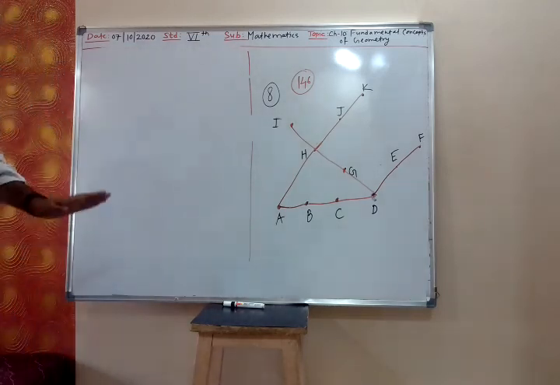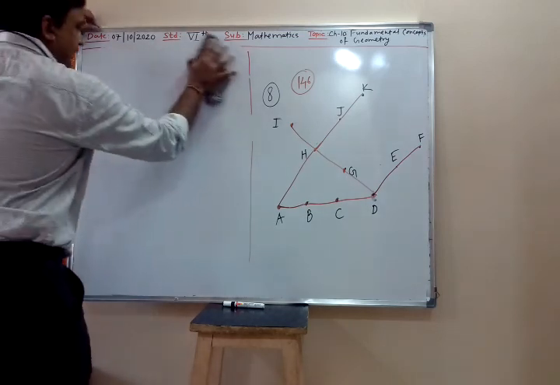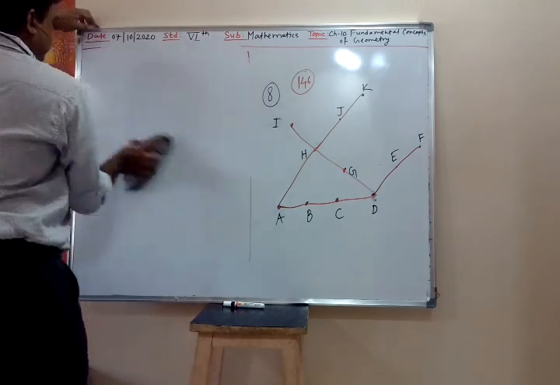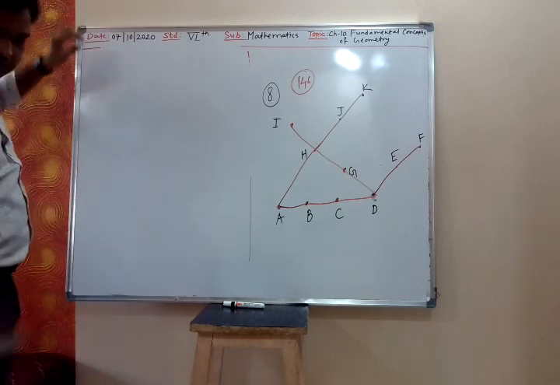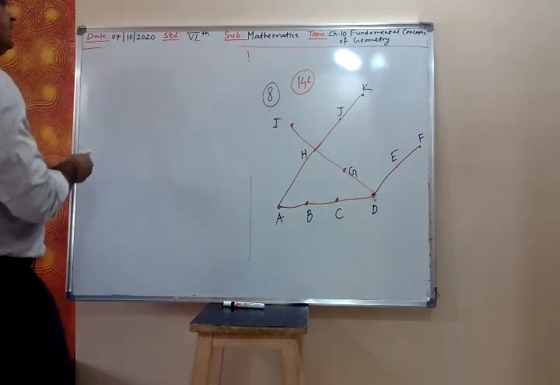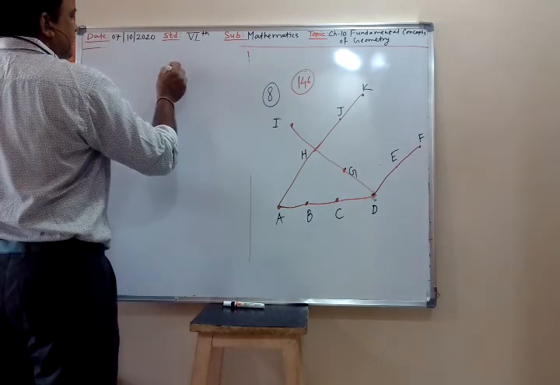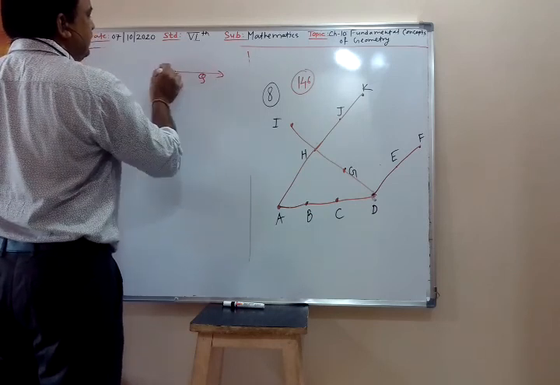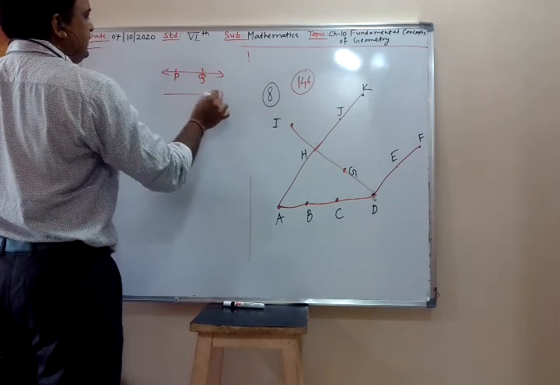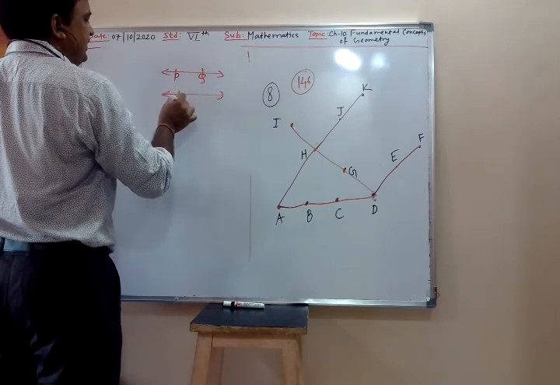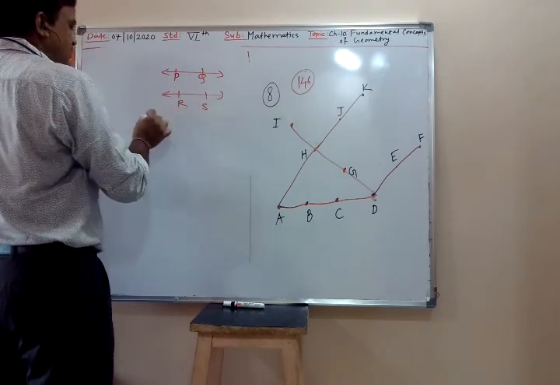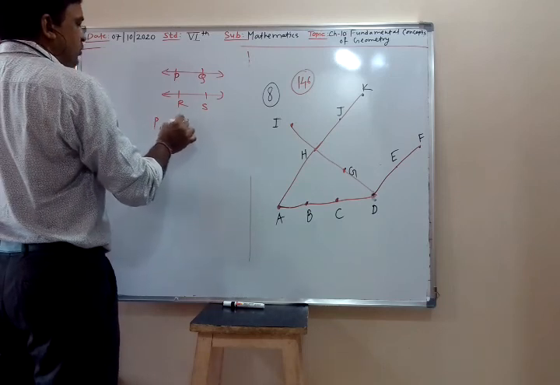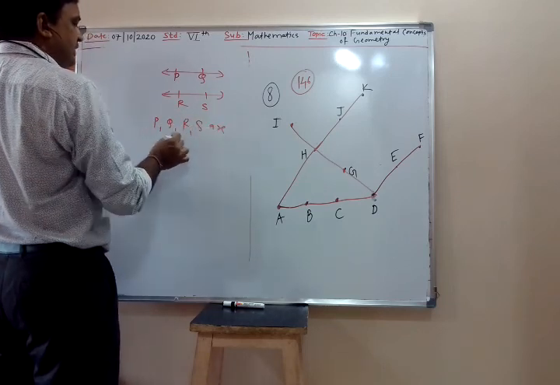Now the 8th one we have done. But before that, my question is, all of you think over this and give the answer. This is my points PQ. This is one line. Then this is my points RS. Now my question is, are PQRS collinear points?